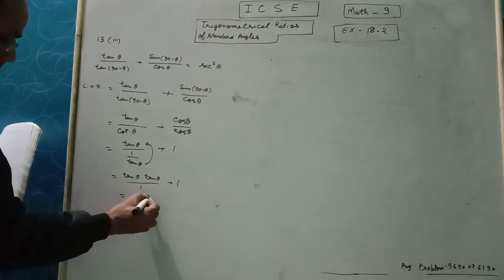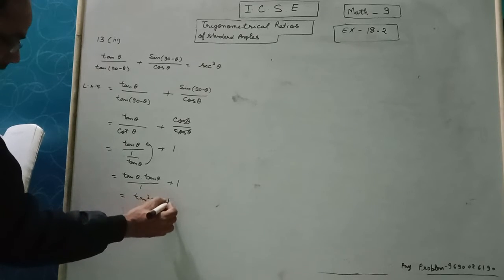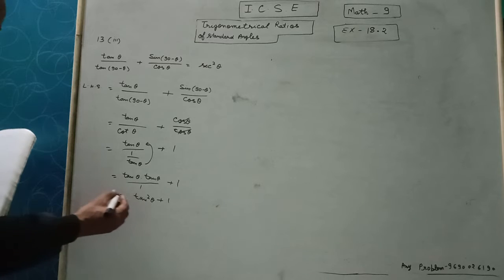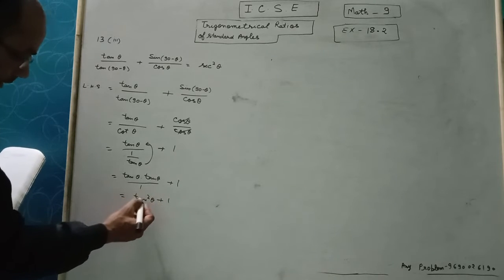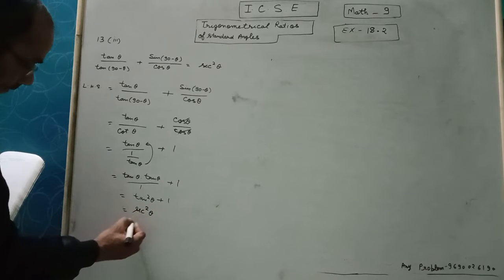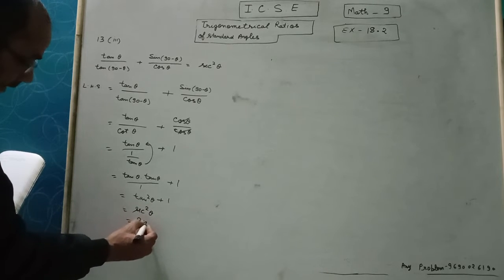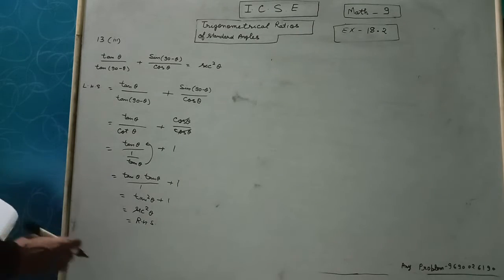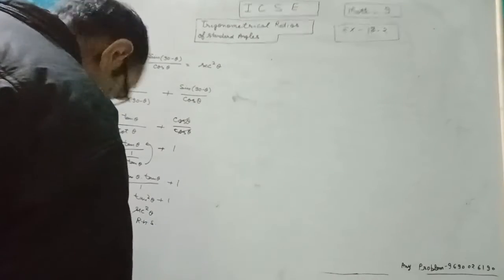After multiplying, tan square theta plus 1 is an identity: 1 plus tan square is sec square, which is equal to the right hand side. Third part is complete.